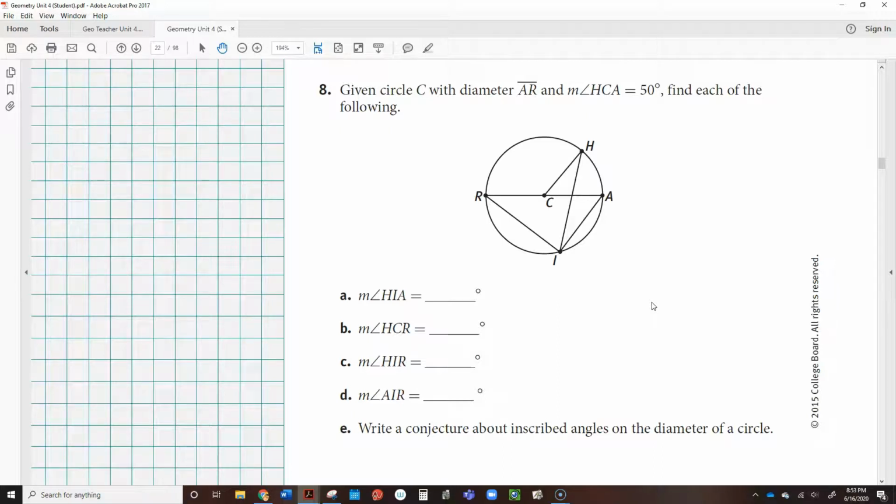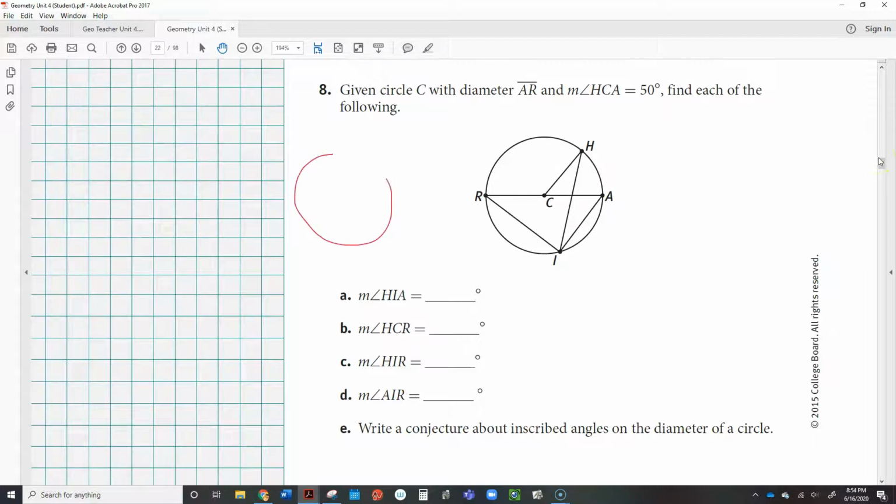Now, one thing that I will tell you that will help a lot when you have a picture like this that's really busy, if you want to work with angle HIA, it is so helpful to redraw the picture just using the parts that they're asking you about.